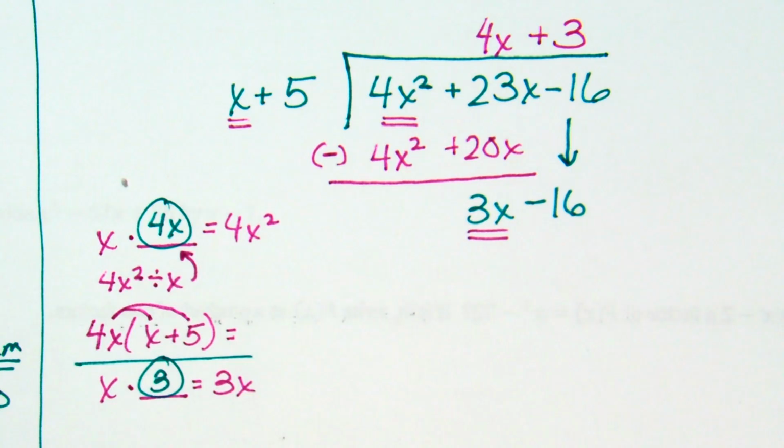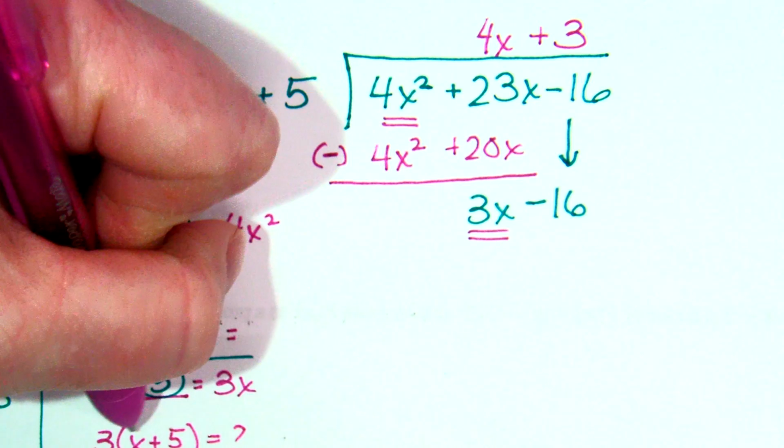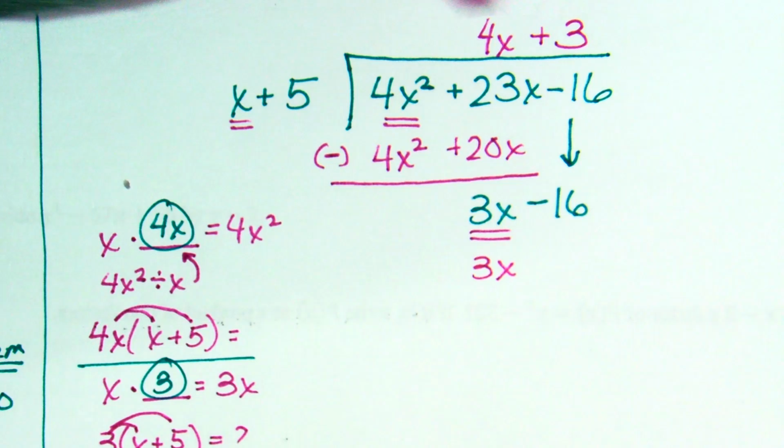And then I'm going to take this 3 and multiply it by the x plus 5. What is 3 times x? 3x. 3 times 5, plus 15.